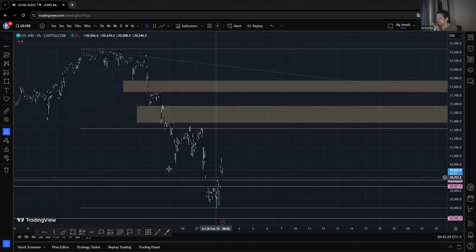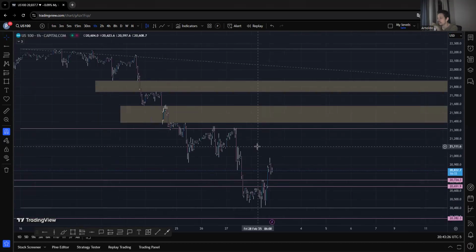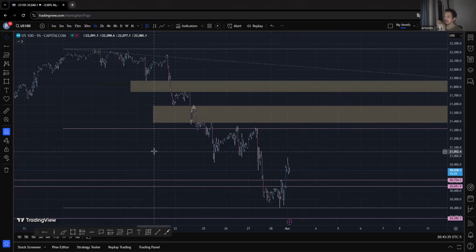So we're just waiting to see if price, throughout the week, the beginning of the week, gives us a retracement or a continuation lower, right? And that's when we're going to start putting our cards on the table to see exactly what we have to work with and possibly take a trade.